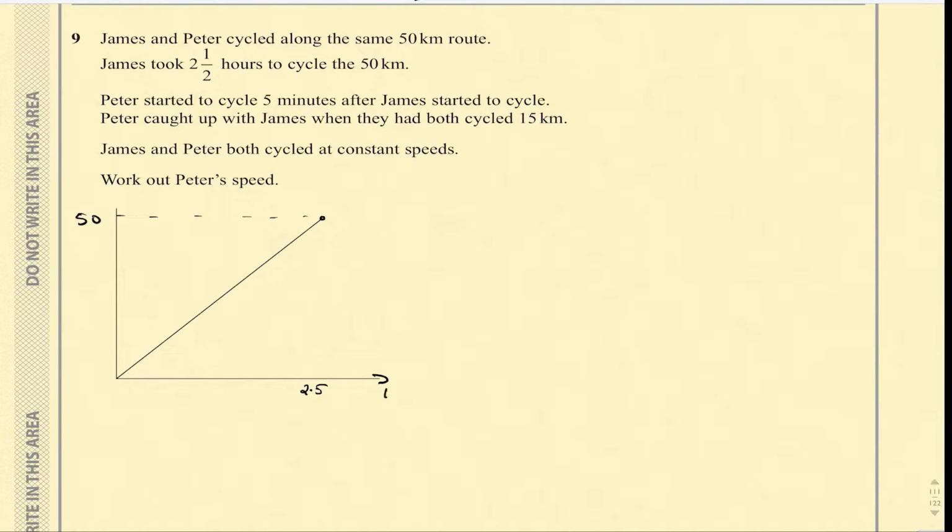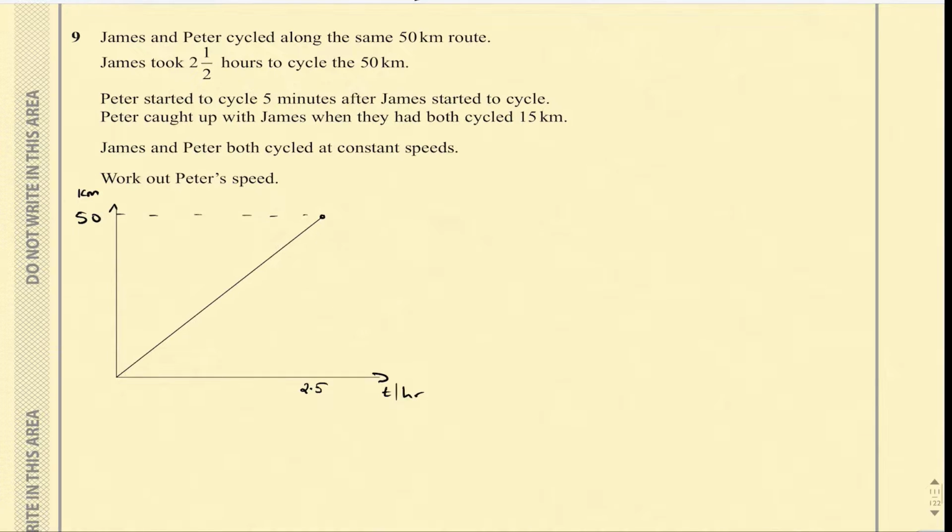So this is time t in hours, and the height here is in kilometers. And that's 0. So the speed of James, speed equals distance travelled over time taken.